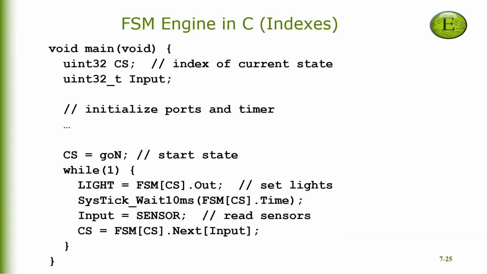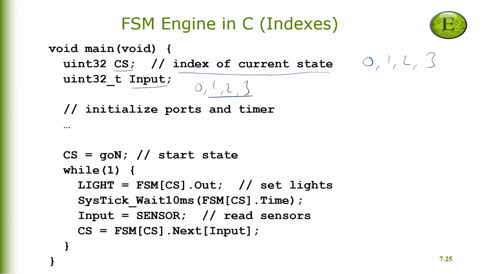All right, so now we are ready to write our main C program, void main void. The program works with two variables: the current state CS, which represents the index of the current state 0, 1, 2, 3, and the input, again there can be only 4 inputs, so 0, 1, 2, 3.